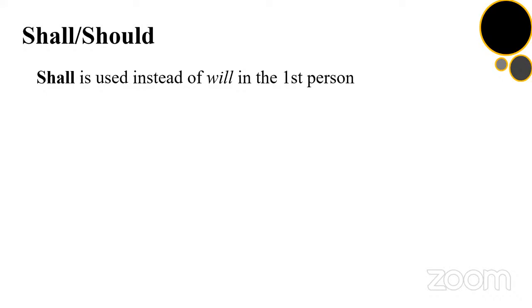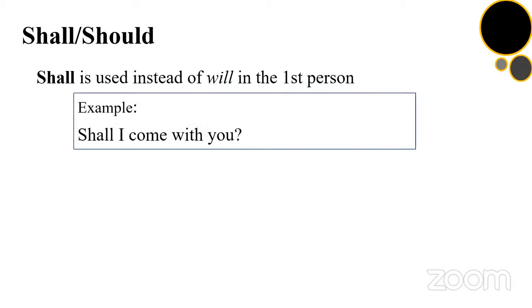So shall is used instead of will in the first person. We have already seen this, just a quick revision. For example, shall I come with you? This shows the future as well.